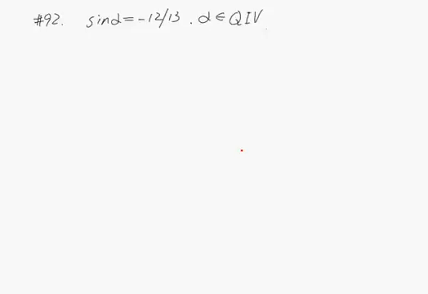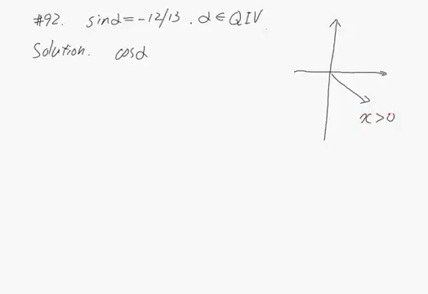First, let's determine the sign of cosine alpha. Positive or negative? Think again. This is quadrant 4, right? And in quadrant 4, x is positive, right? Cosine alpha is equal to the x coordinate of the point of intersection. So this cosine alpha is positive.